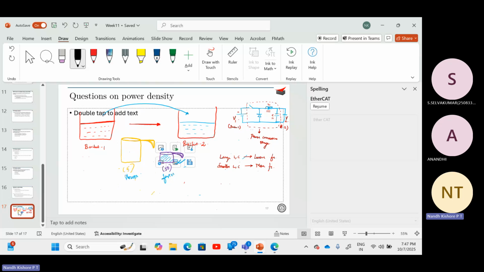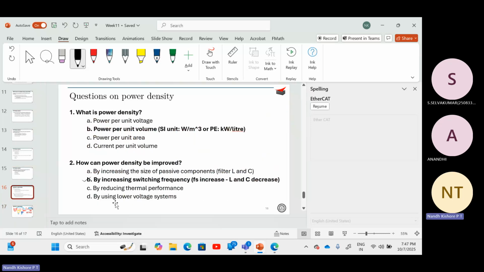That is the idea. So power density can be improved by increasing the switching frequency.